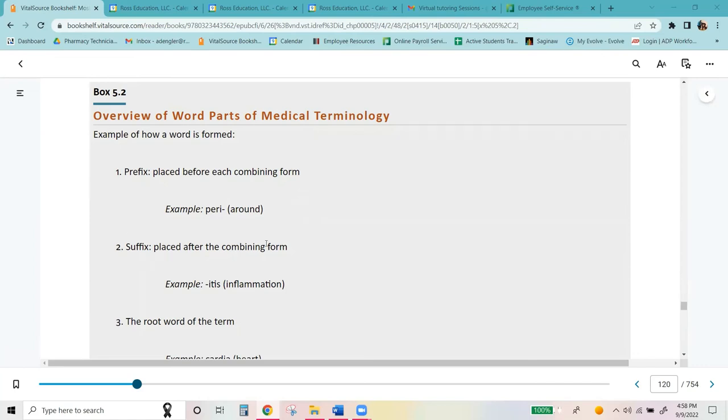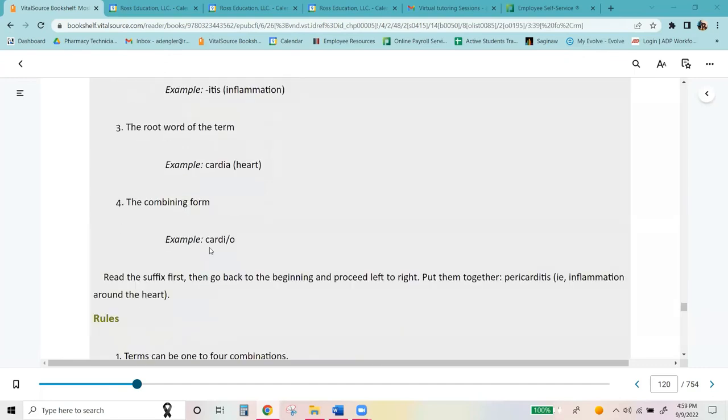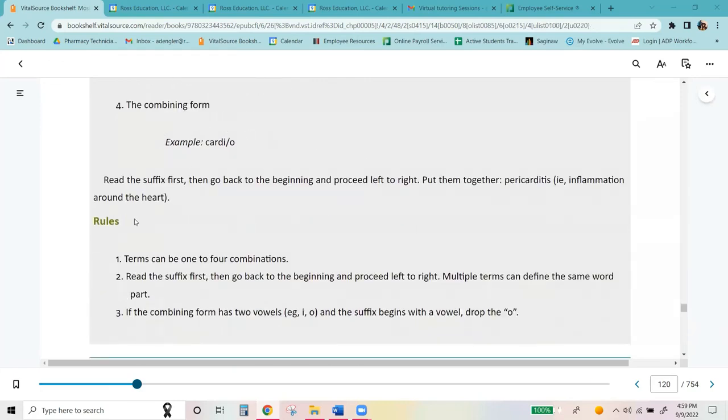The suffix is placed after the combining form. So if you see any medical term with itis at the end, that means inflammation of whatever body part is the root word. For example, the root word of cardia means heart, and the combining form is cardi, and then O; depending on what we need to do, we can use the I or the O.